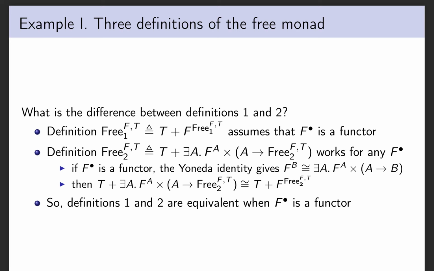In order to see that otherwise they would be equivalent, we need to use something called the Yoneda identity. And the Yoneda identity is a type equivalence, which I have written here, which is that if you have an existential type and an expression of this form, that is equivalent to this.